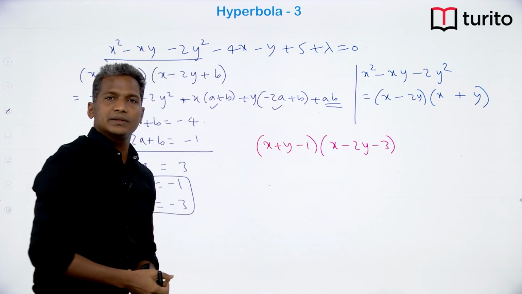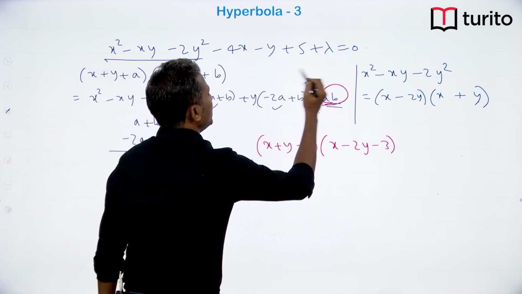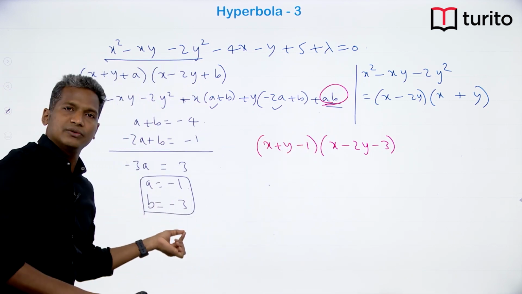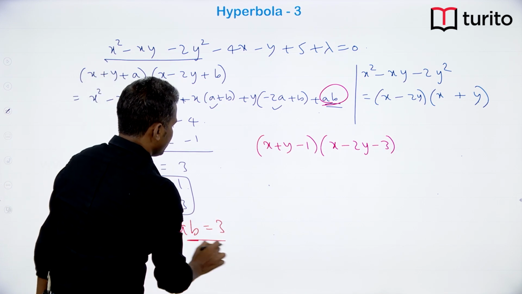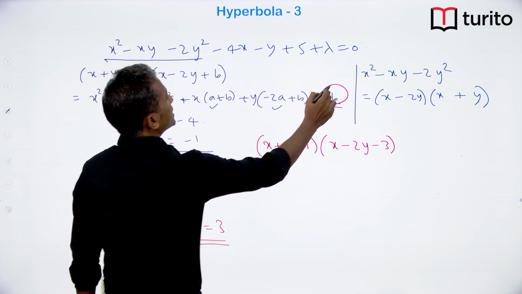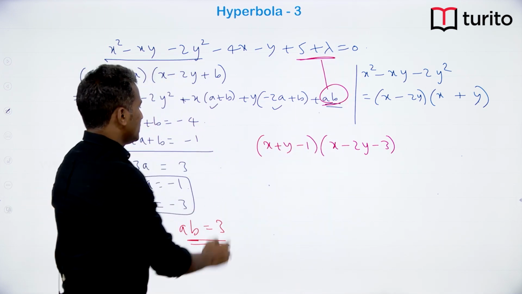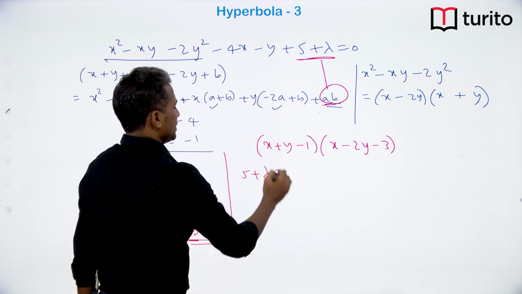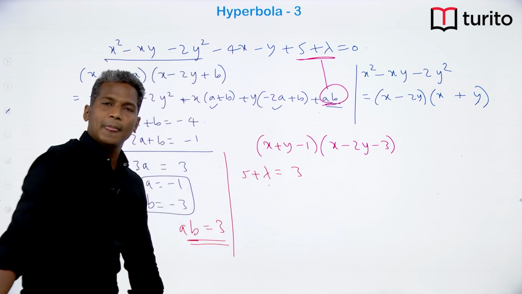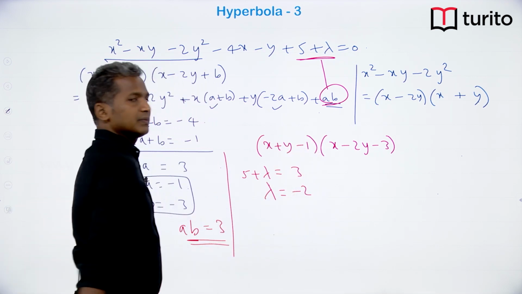These are our lines. Now that means I can get the value of ab after I got the values of a and b. So ab here must be 3, which means this constant term should match this 5 plus lambda term. So that means 5 plus lambda must be equal to how much? It must be equal to 3. So lambda must be minus 2.